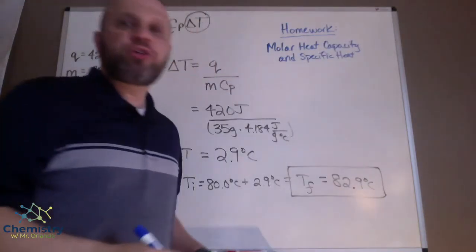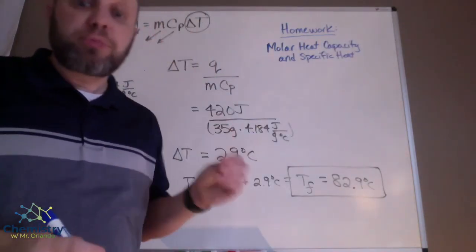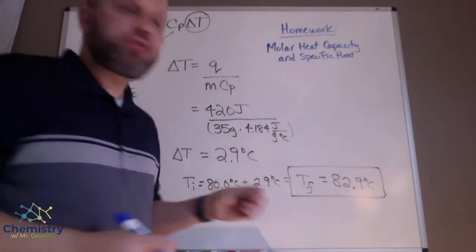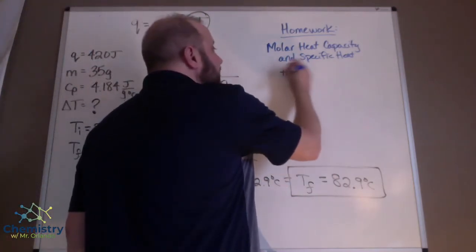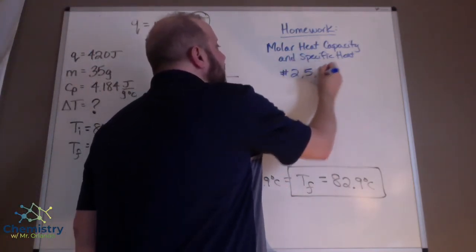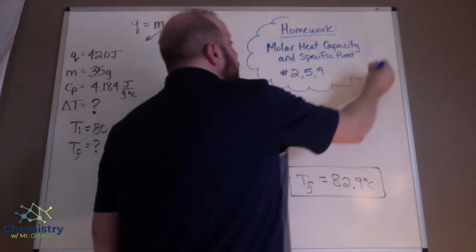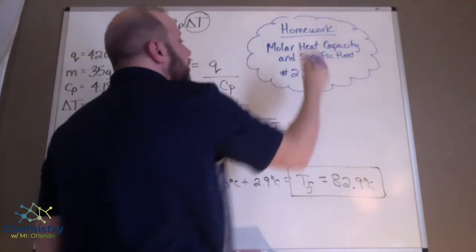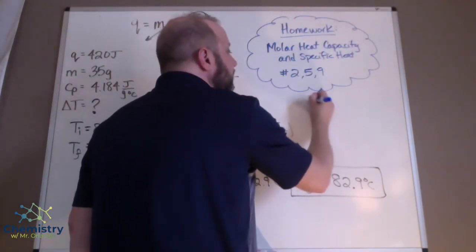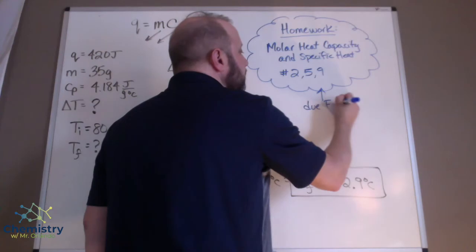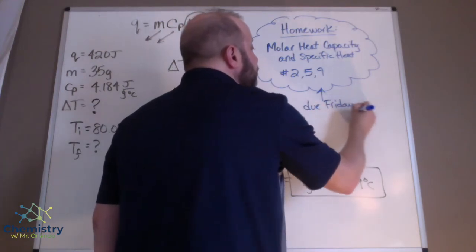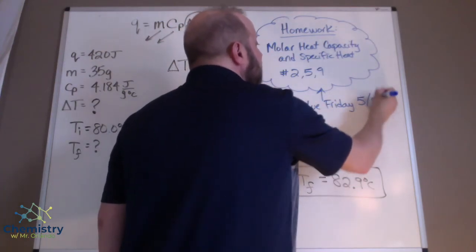And I want you to do just 3 problems. So problem number 2, problem number 5, and problem number 9. So your homework, there'll be a Dropbox for this. Your homework is going to be due Friday. So tomorrow, due Friday, May 8th.